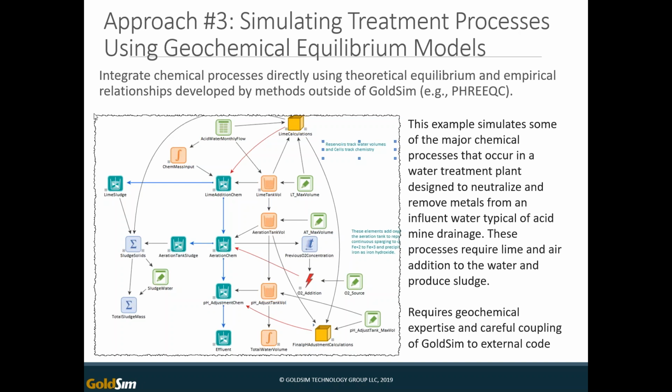Here's a model that I'm going to show you in a second that simulates some of these chemical processes that are happening in much more detail than the simplistic way that I just showed you. If you're going to do this, however, obviously it's going to require some geochemical expertise and careful coupling of GoldSim to the external code. There's a lot of ways to couple this.